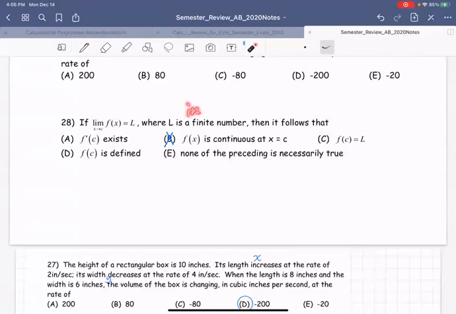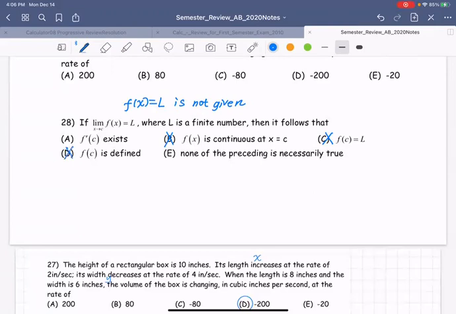They didn't say f(x) equals L. They didn't give you this condition, all right? This is not given. You cannot say this is equal. And you say this is defined?